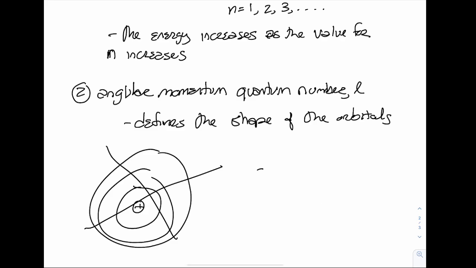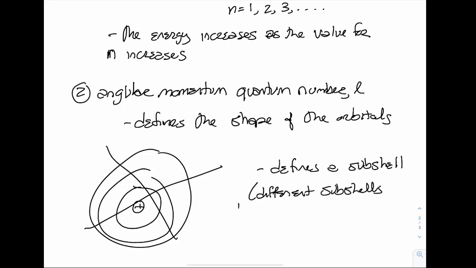Often we'll call these our subshells. So different subshells have different shapes. I'm going to talk more about the shape after we do our third quantum number, because I think the two go together really well.